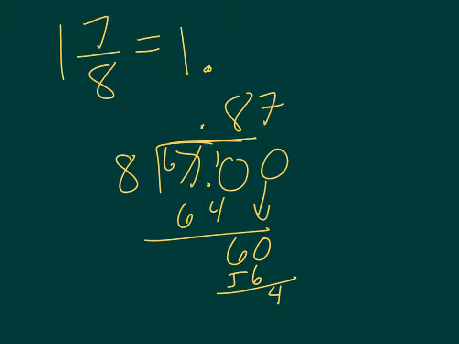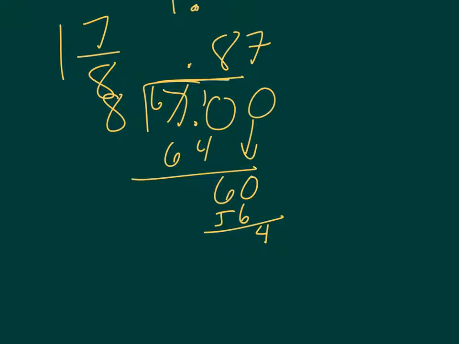I can slide back when we're ready for more. Bring down a 0. 8 goes into 40 5 times, and exactly, right? So I get 0.